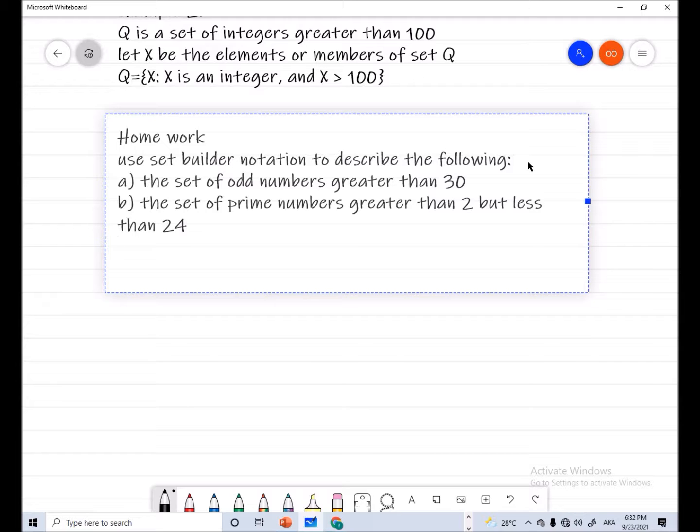Alright, we write C: the set of triangles.